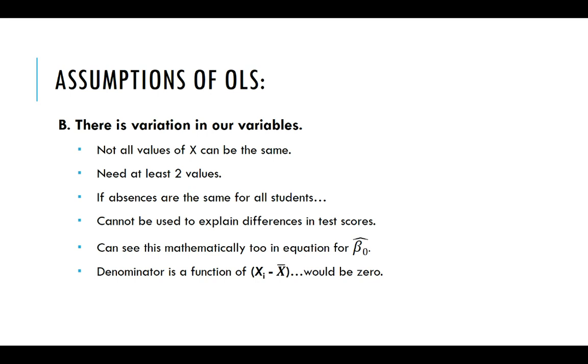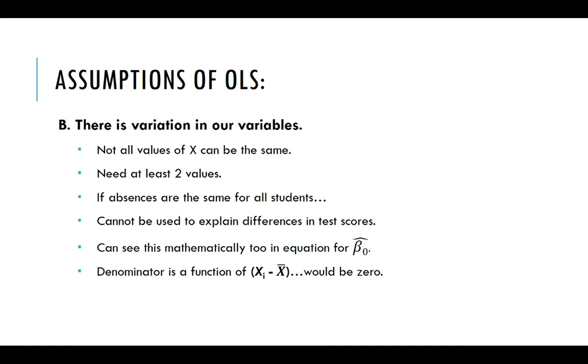But wouldn't that be 0, right? Student i has 3 absences, but if everyone has 3 absences, then the average is also 3. 3 minus 3 gives me 0, and it's in the denominator of my equation. Can I divide by 0, guys? No, that's mathematically undefined. So we have to have at least some variation in every variable of interest.